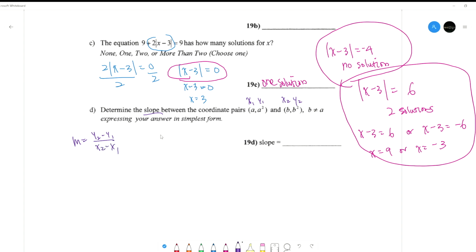So let's substitute. It's b squared minus a squared over b minus a. So the numerator is difference of squares, so this is b plus a times b minus a over b minus a. And since b minus a is not equal to 0, these cancel out, and you have b plus a, or a plus b. That was pretty easy, right?